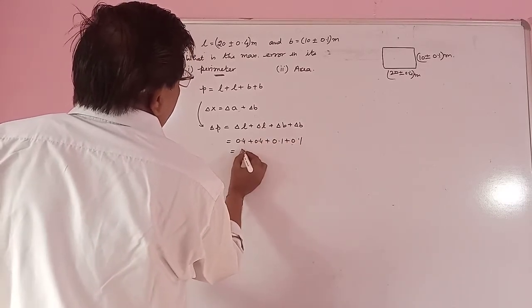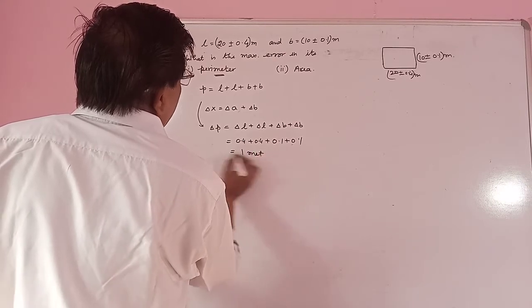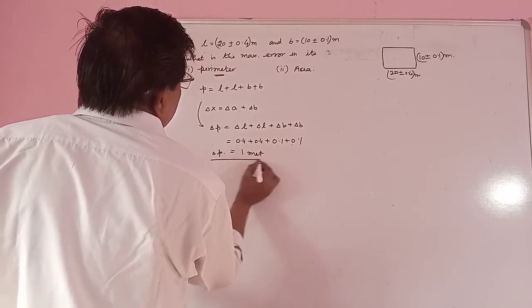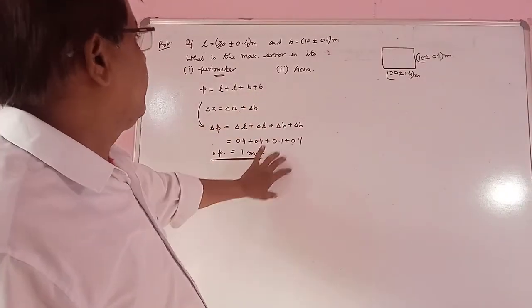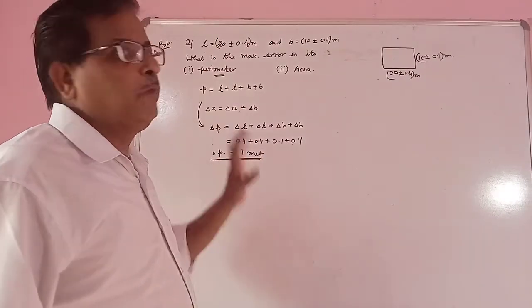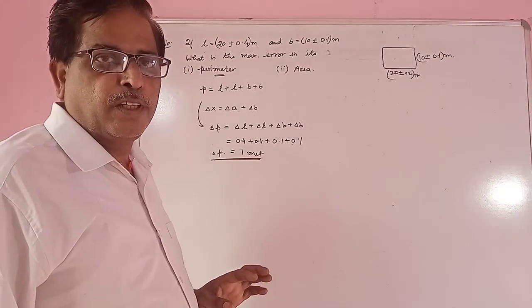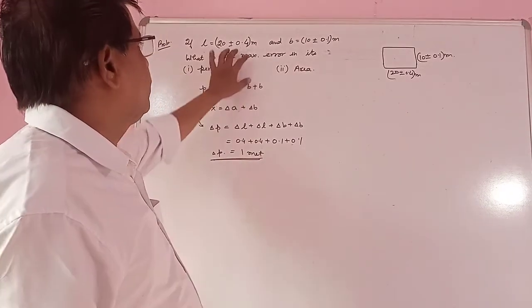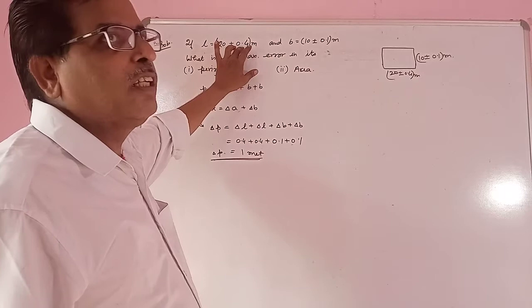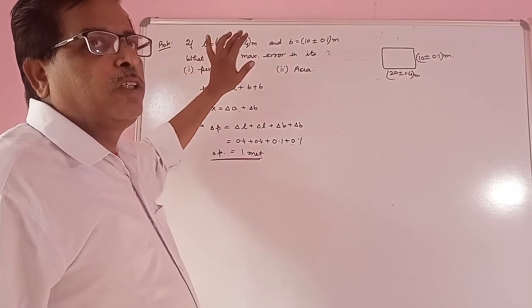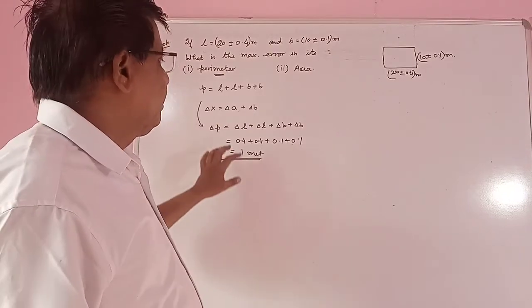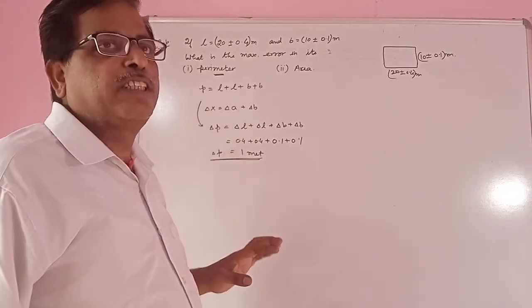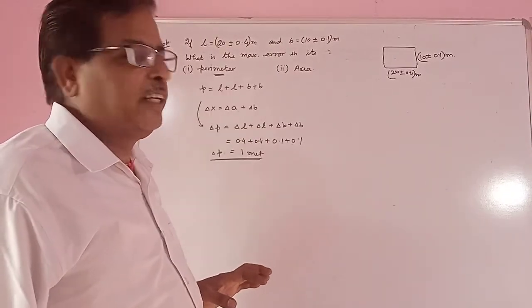This becomes 1 meter, meaning the maximum permissible error in calculating perimeter is 1 meter. Why is it 1 meter? Because here the error is given in the form of absolute error. So in case of addition and subtraction, we add absolute errors.